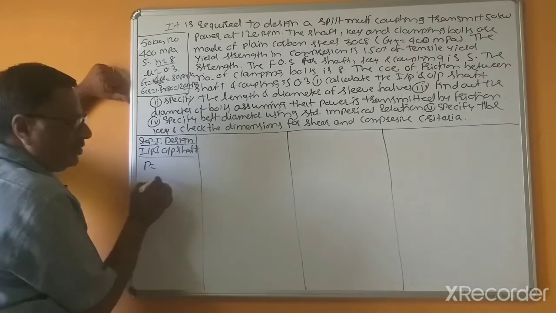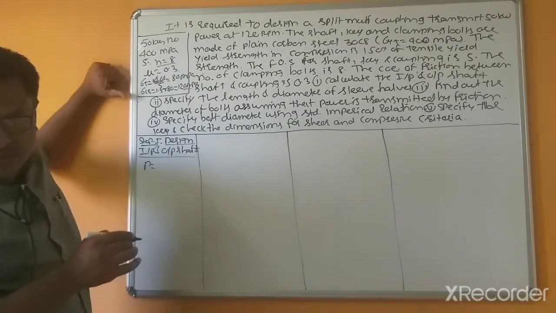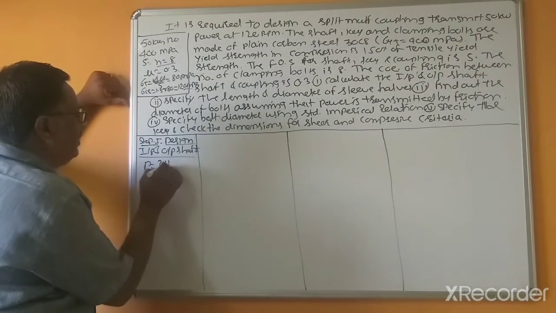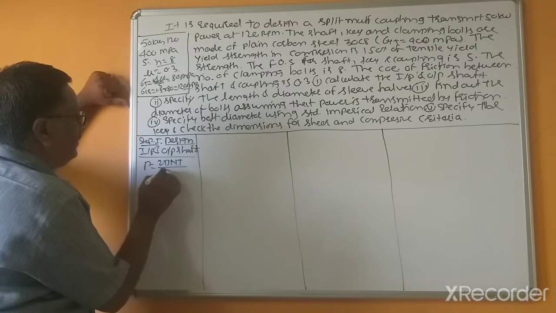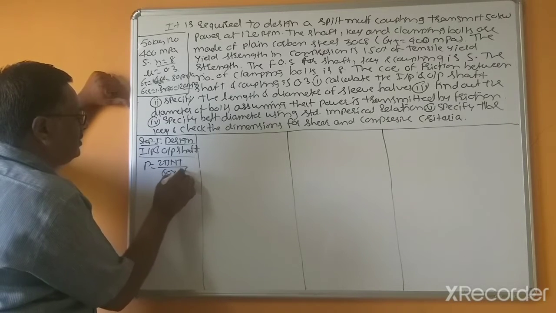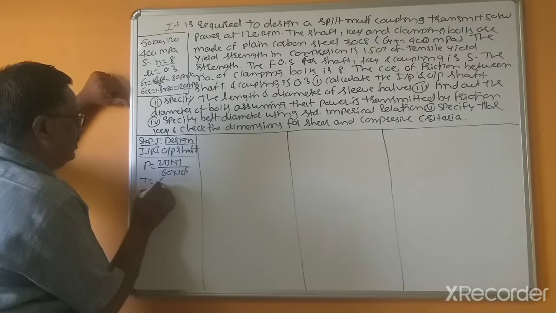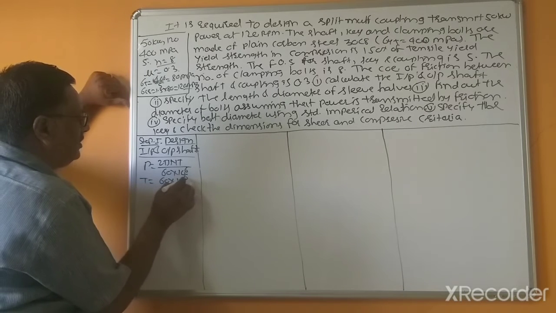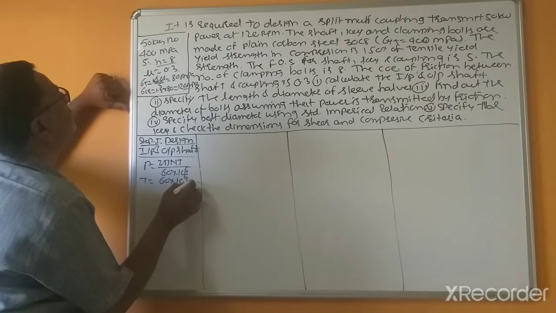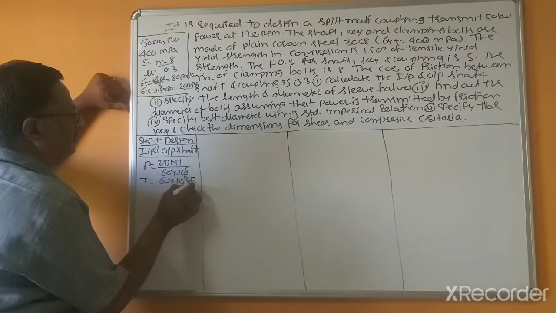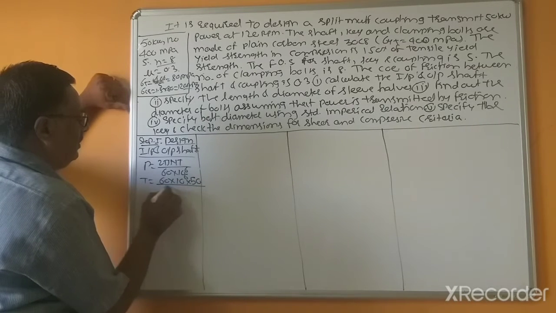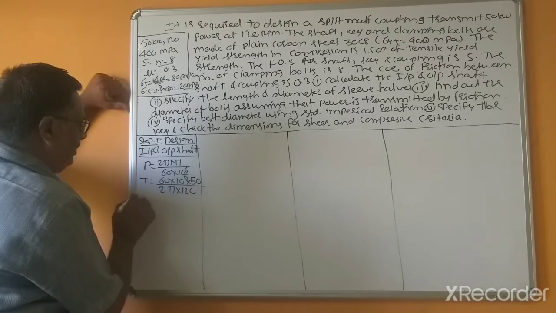P equal to 2 pi N T divided by 60 into 10 to the power 6, so T equal to 60 into 10 to the power 6 multiplied by power 50, divided by 2 pi into RPM 120.